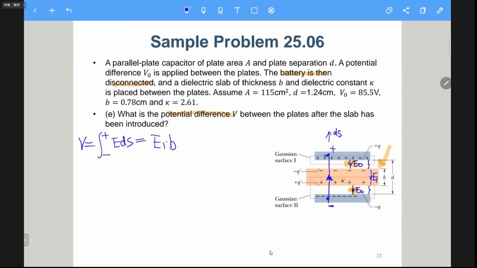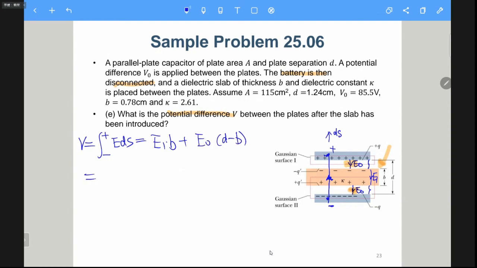So the total height of this part and this part will be just d minus b, because this is b, this is d. The E field inside this part and this part are also uniform, and it is E0.